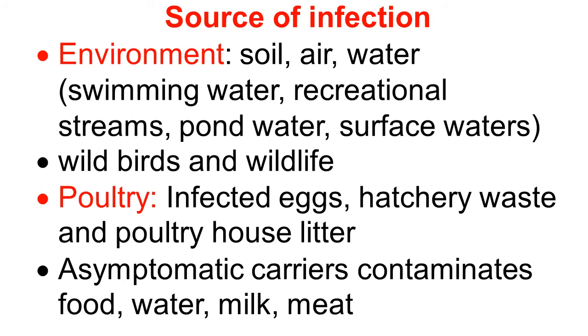Poultry is also a good source of infection. Infected eggs, hatchery waste, and poultry house litter are full of infection. Asymptomatic carriers are also observed, and these asymptomatic carriers contaminate food, water, milk, and meat. So infection can be acquired from anywhere, either soil, air, or water, or food, water, milk, and meat.